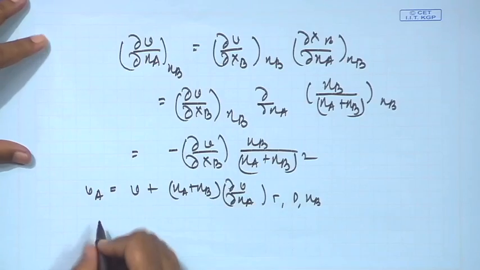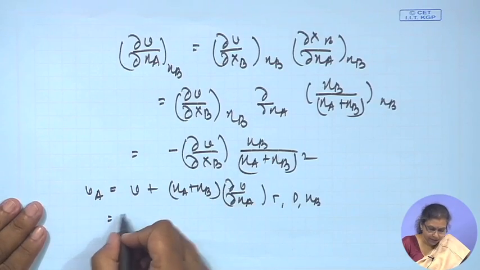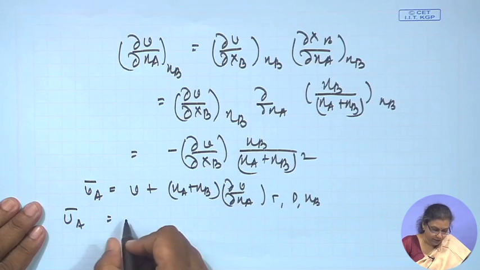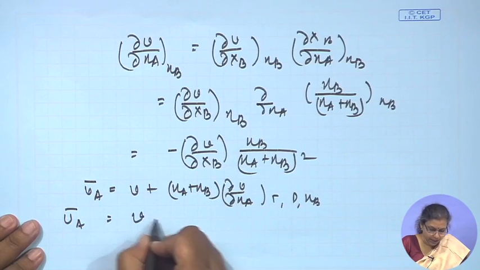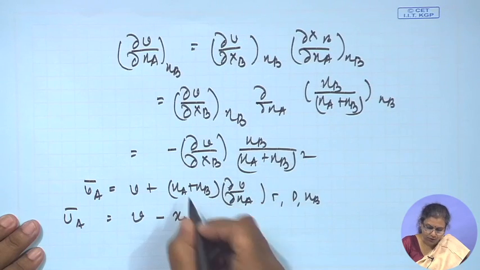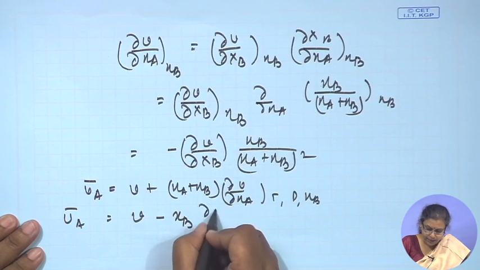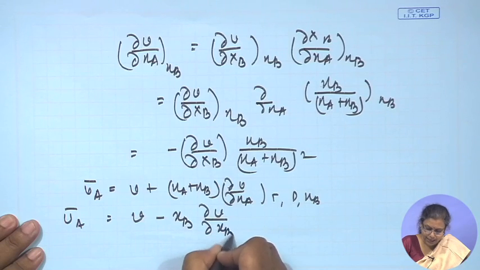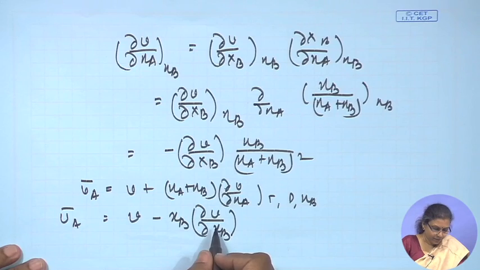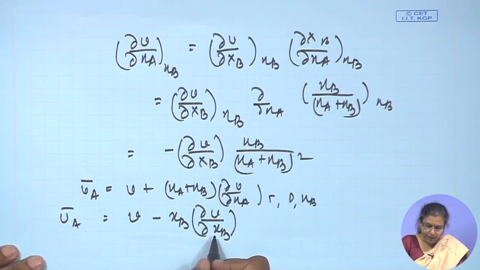So, if I substitute this particular part from here, then what do I get? In this particular case, I get Va bar equal to V minus Xb, because Na plus Nb whole square cancels out, del V del Xb. I get this. So, therefore, Va bar is this.